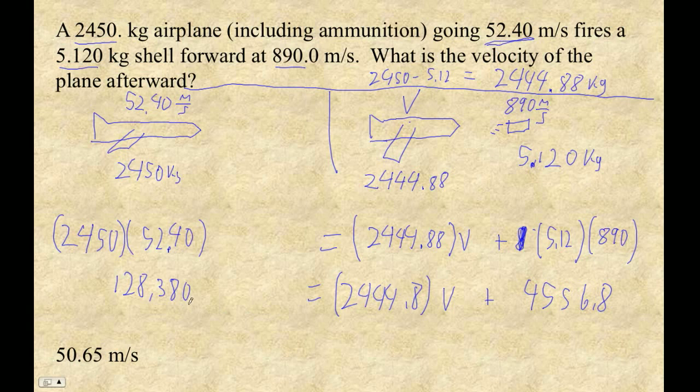Right, okay, so now I'm going to go 128380 minus 4556.8. That's a mere 123,823.2 equals.